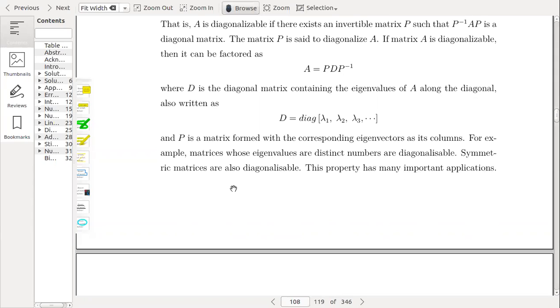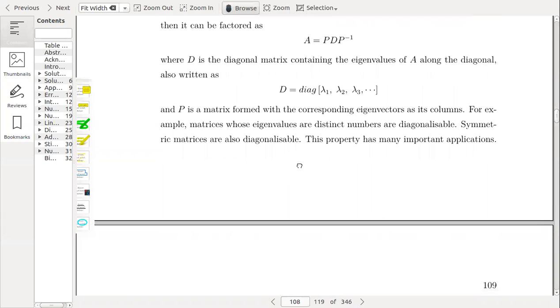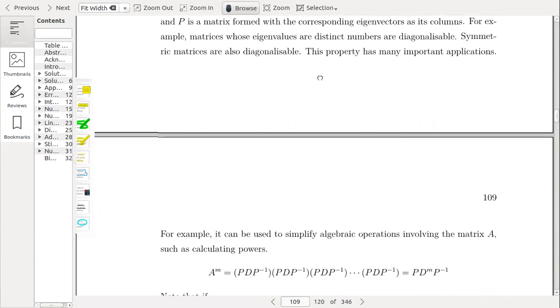Symmetric matrices are also diagonalizable. This property has many important applications.